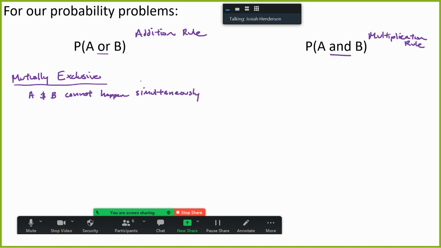Big word, simultaneously. They can't happen at the same time. And so this is like having our deck of cards and we need to draw a red or a black. And you can't have a card that's red and black at the same time, right? So mutually exclusive, we simply add the 2 separate probabilities. So probability of getting a red or a black card, probability of A or B, is the 2 separates added together.